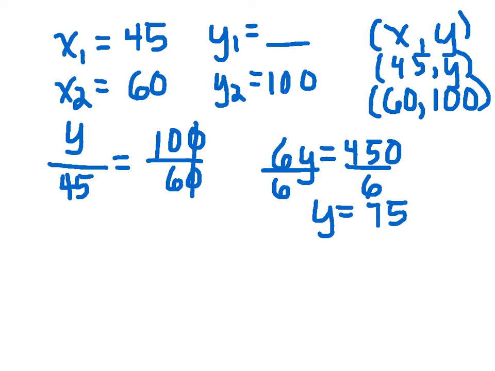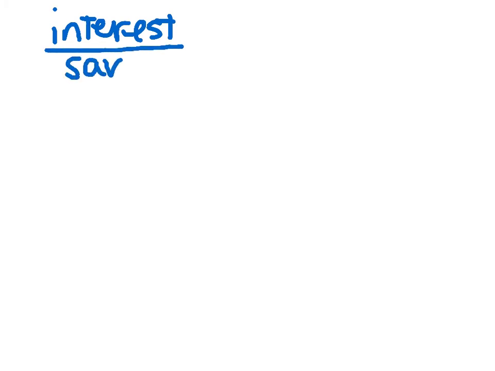The other thing that you see in these are word problems that, honestly, some of you have been doing since 6th grade. If you look on page 392, it says the amount of interest earned on savings is directly proportional to the amount of money saved. So I'm just writing down the key words here, because interest is directly proportional to the money saved.